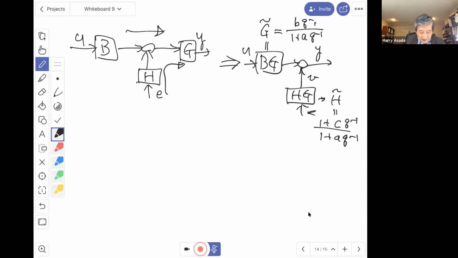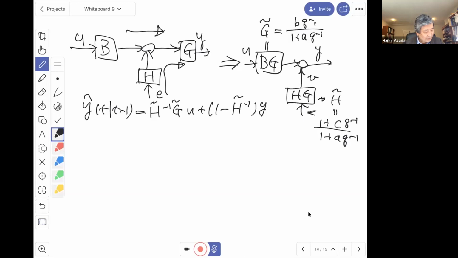So the predictor that we obtained, y(t|t-1), is basically H inverse G u plus 1 minus H inverse y, right? Just to avoid confusion, this is basically this lumped one.